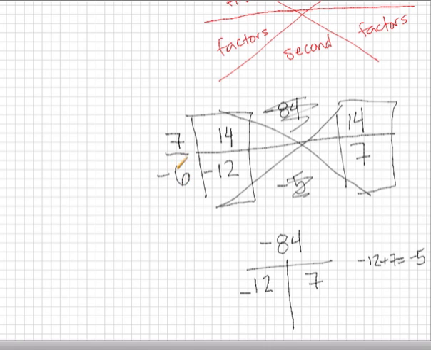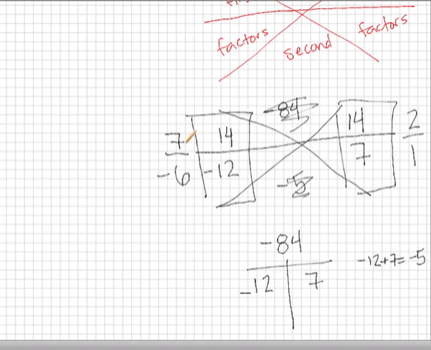Make sure you keep that negative on the bottom there if that's where it is initially. Over here on the right hand side, I could reduce this to 2 over 1 because 7 goes into 14 twice and 7 goes into 7 once. So these are the numbers that we're going to be using to get our factors.